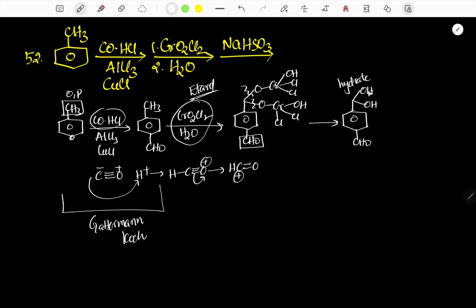Geminal diol is the hydrate. Now we know that it is unstable, it loses water and forms the corresponding aldehyde. So it is an Etard reaction.